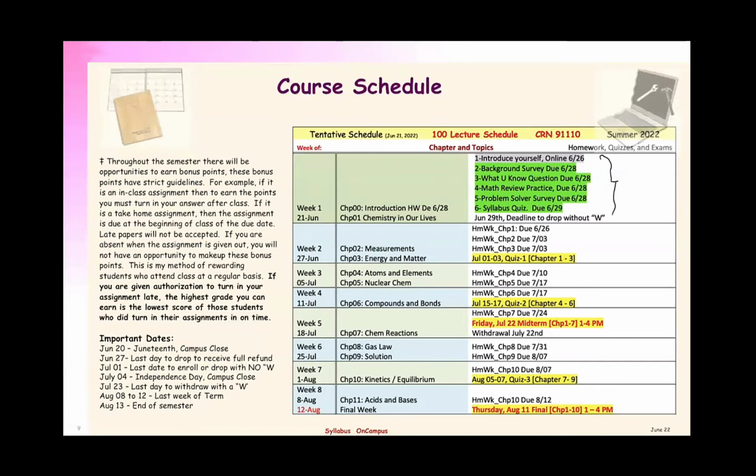The syllabus quiz is required, and you need to complete that by the 29th. Okay, so after our discussion today, you guys will have a good idea of what this course is about, and then you can take the syllabus quiz. It is open notes, so if you have the syllabus in front of you, you can just open up the syllabus quiz and answer that.